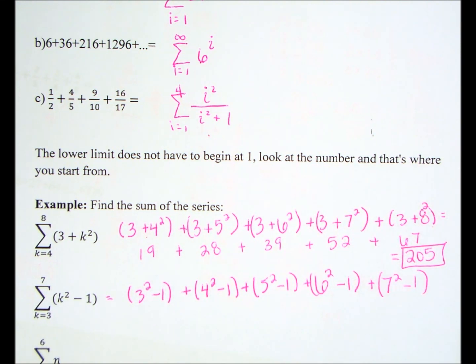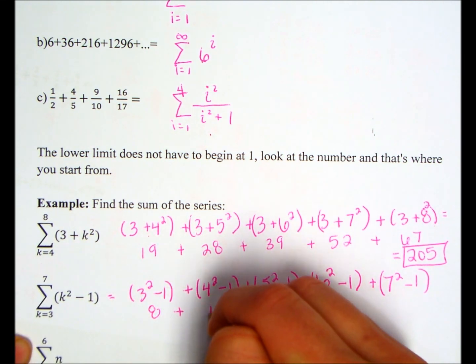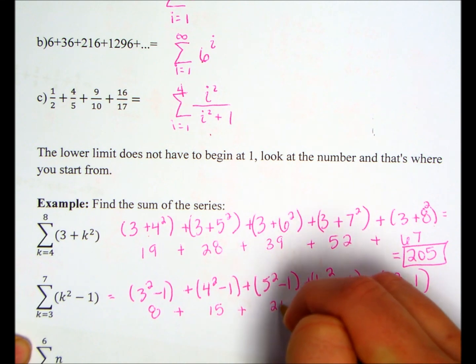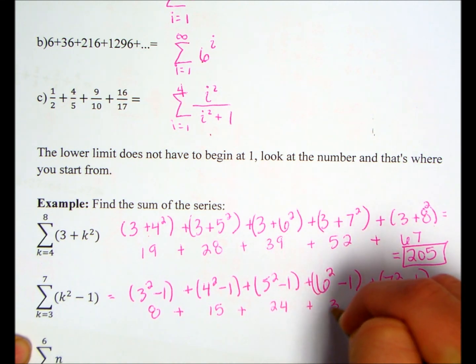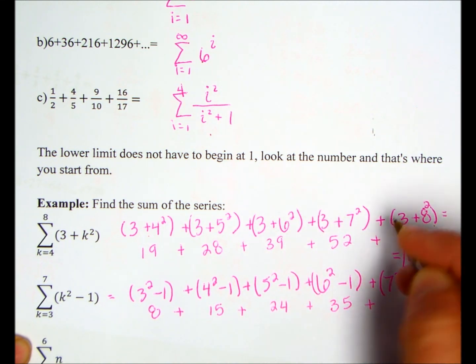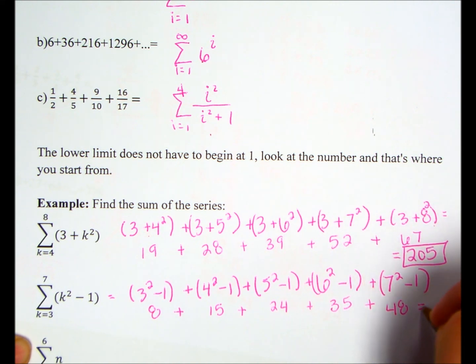Same thing here. All I have to do now is figure out these values. 8 plus 15 plus 24 plus 35 plus 48 to give me a grand total of 130.